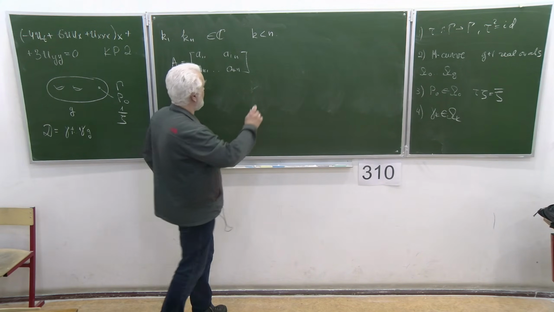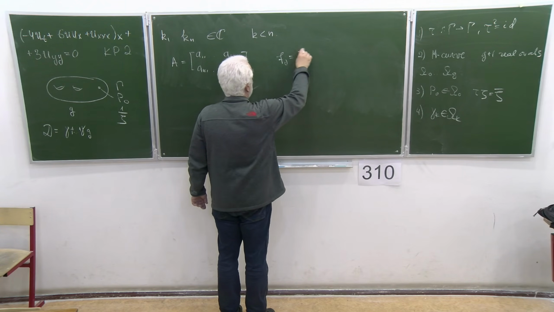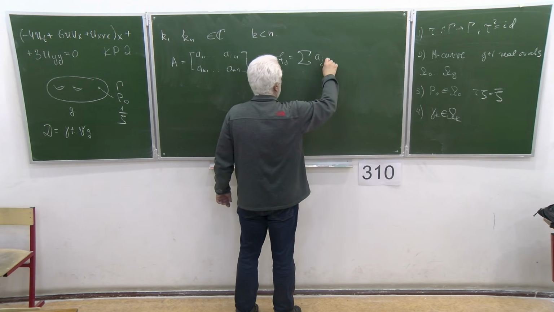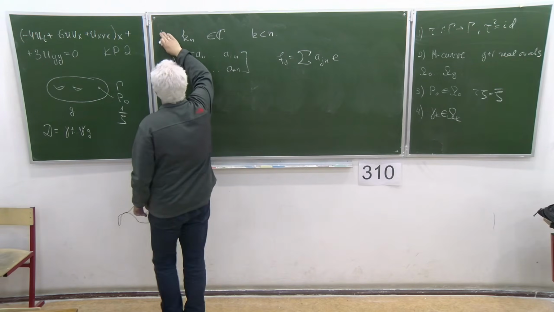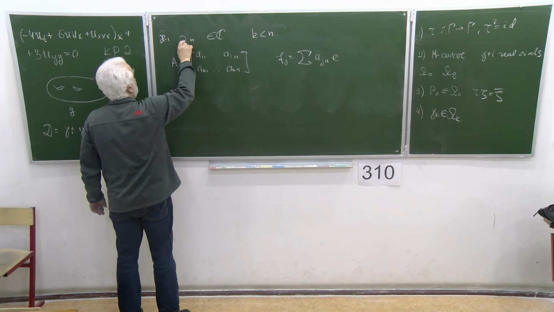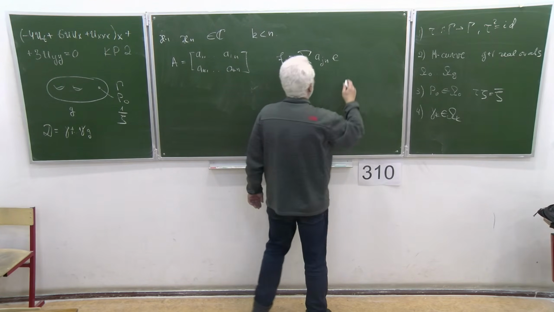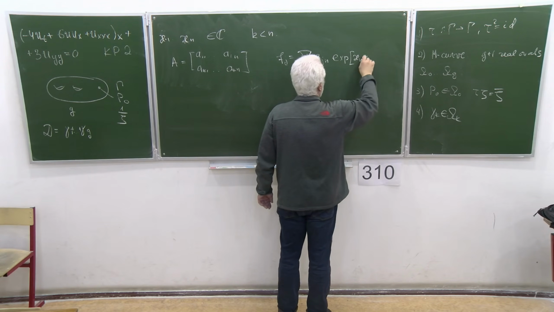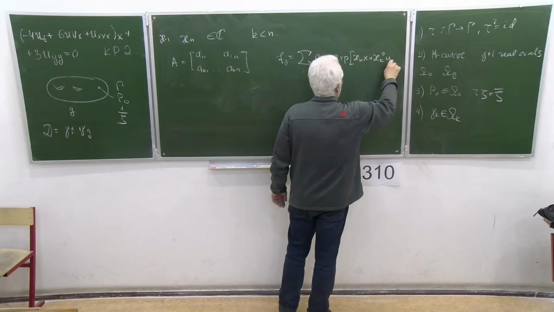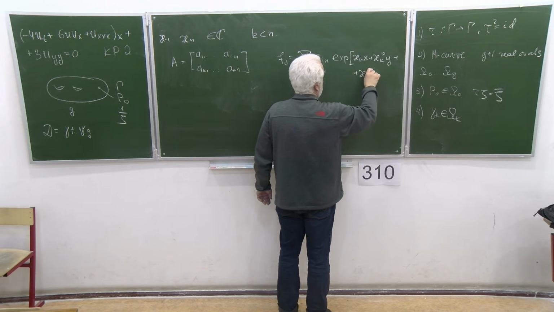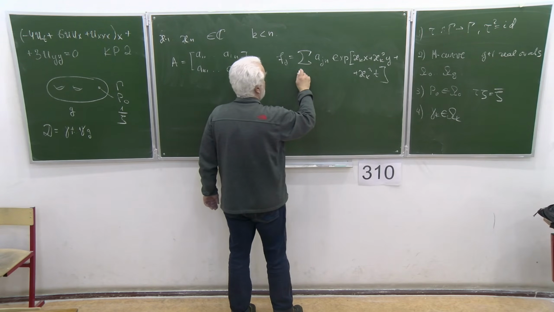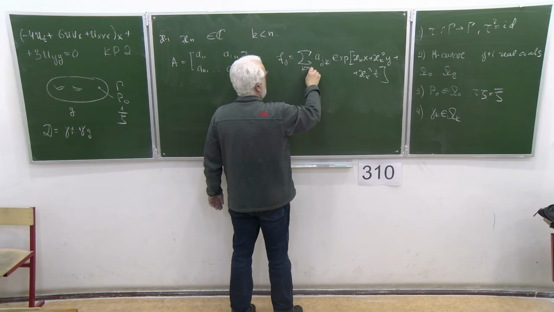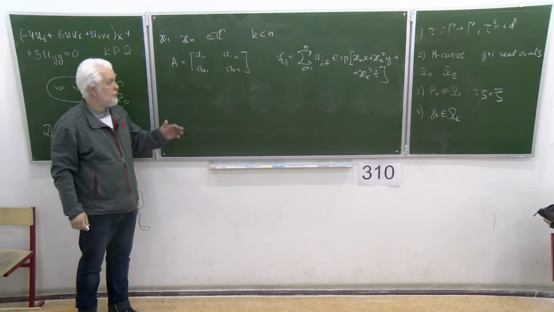Then you construct a collection of functions F_j, with kappa 1, ..., kappa n, plus kappa cubed t. Is the matrix real or complex?